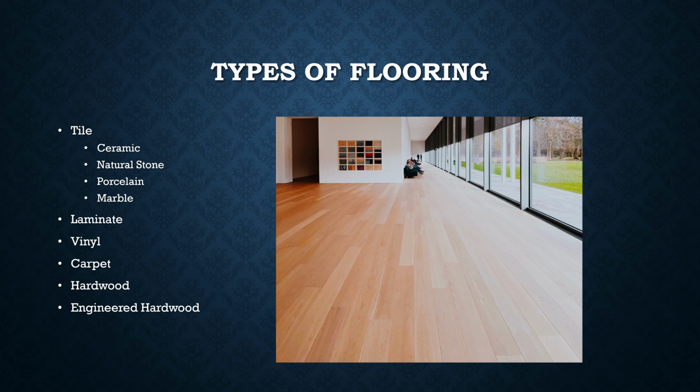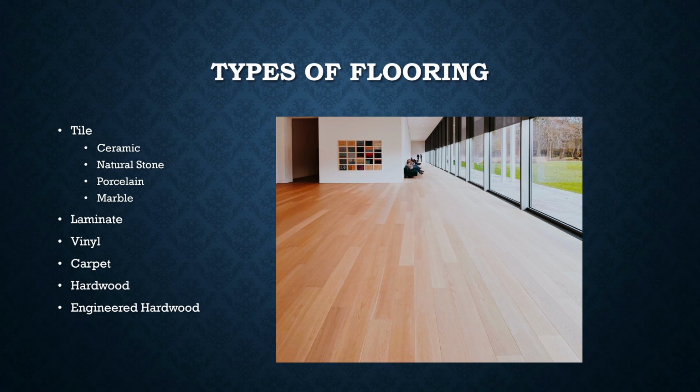So what are the types of flooring? Well, what you see in the photo there is likely some kind of wood material or wood imitation, of which there are many types. So to get into it, there's going to be tile, and there's multiple types of tile, just like there are multiple types of countertop sort of stone material, right?